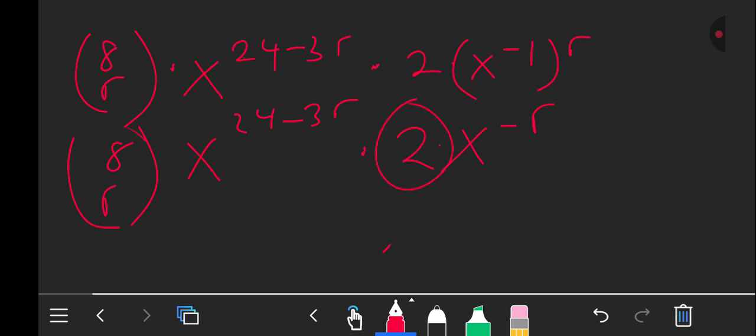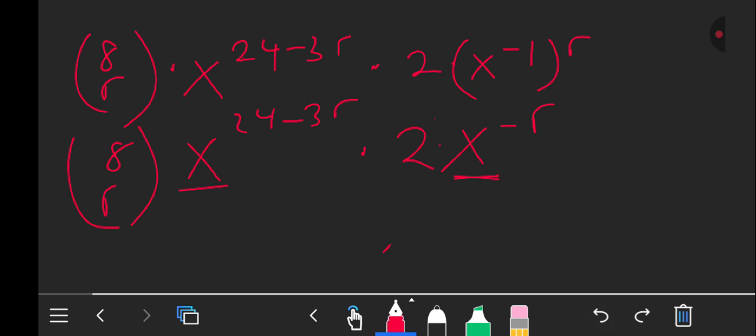I also ignore this n combination r. My concentration will be based on x, where I can see x, because the point here is that I need to equate the variable x to x to the power 0, so that I can know the point at which r occurs, which can give x to the power 0. Okay, so that is my goal there.